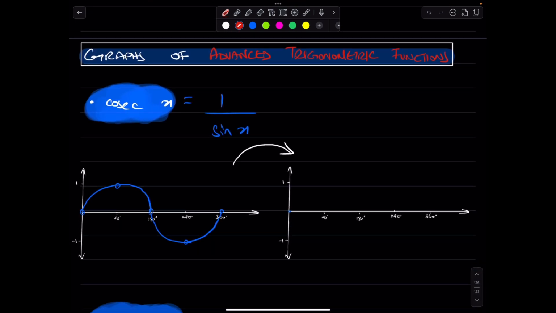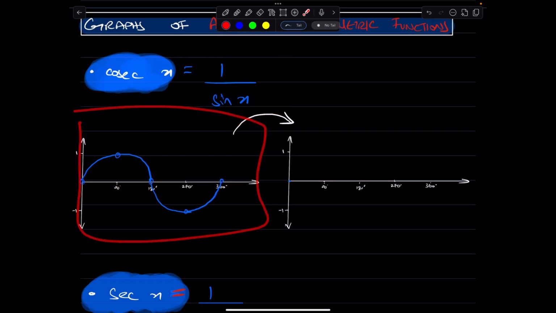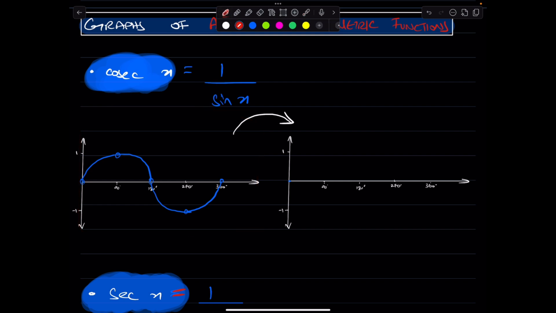Then moving on, we have the graphs of advanced trigonometric functions. The first graph is of cosec, which is equal to 1 over sin x. So first of all, imagine the graph of sin. This is the graph of sin x. So first of all, we go to the point at 0.